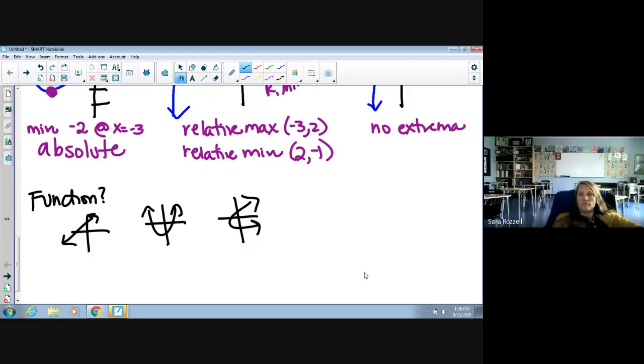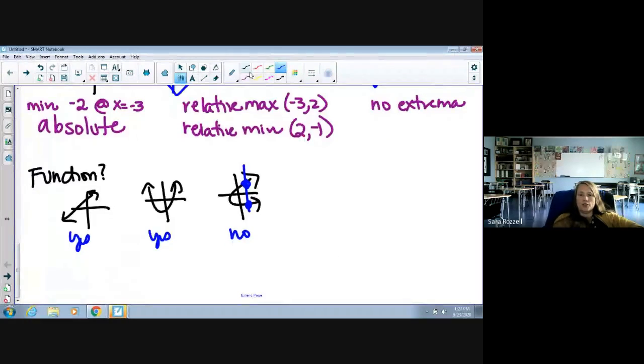Which one of these is not a function? Number 1, 2, or 3? 3, right? So this is a yes and a yes and a no. Remember your vertical line test, it touched it in more than one spot? Okay. Just a reminder of that in case that shows up on anything that you do.